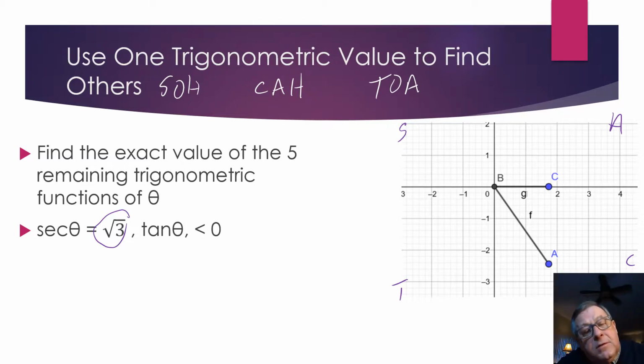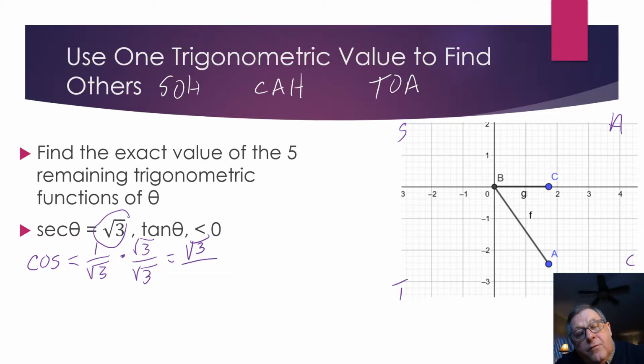If the secant is the square root of 3, then the cosine is 1 over the square root of 3. But of course, I can't leave that square root of 3 in the denominator, so we're going to rationalize this. And the cosine now is equal to the square root of 3 over 3.